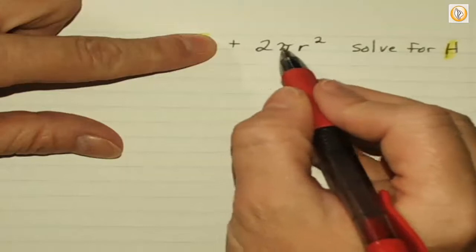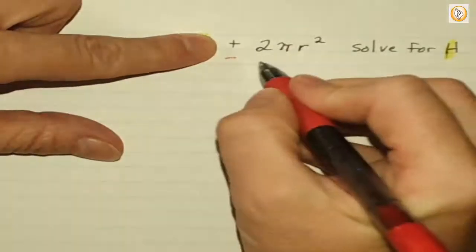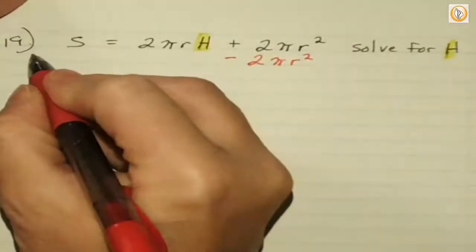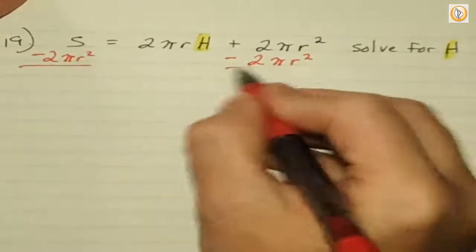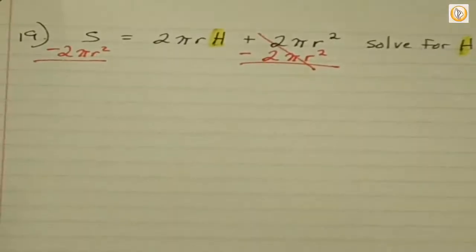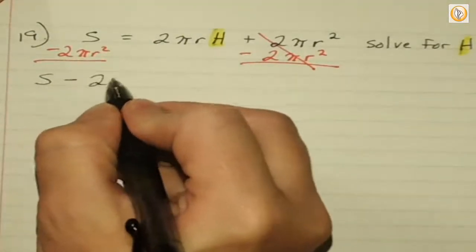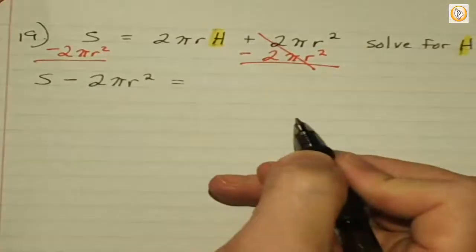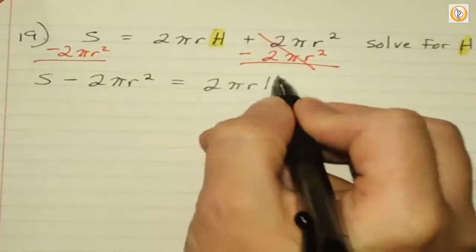And since we're getting rid of the whole term and it's adding, she said we're going to subtract the entire term on both sides. That cancels. So I have S minus 2 pi r squared equals 2 pi r capital H.